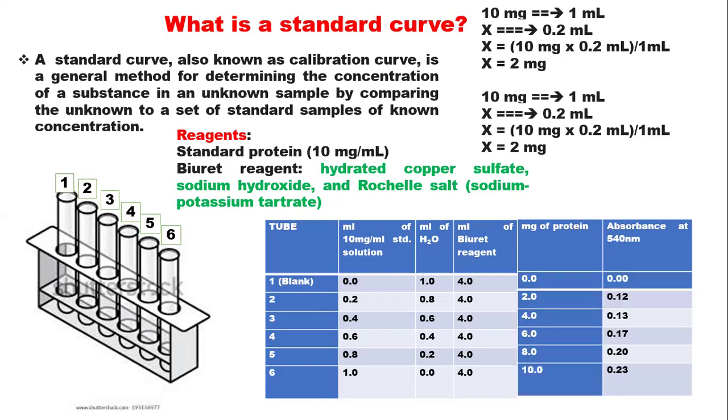These are the concentrations of the proteins, and this is, arbitrarily, the absorbance from previous experiments that we conducted. I'm using it as an example for you to understand. If you look at it, you see that as the concentration is increasing, so also the absorbance is increasing. So absorbance is directly proportional to concentration, as you all know.